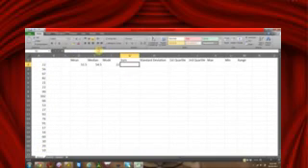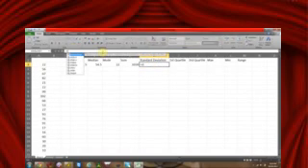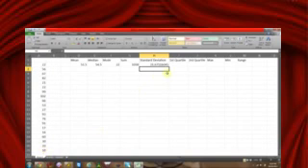Now for sum, equal sign, sum, start parentheses, and highlight, end parentheses. There's your sum. Standard deviation, equal sign, and I believe this would be STDEV. So remember, standard deviation is STDEV. Start parentheses, highlight your data, end parentheses, standard deviation.